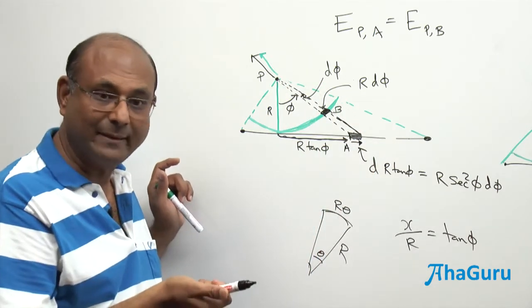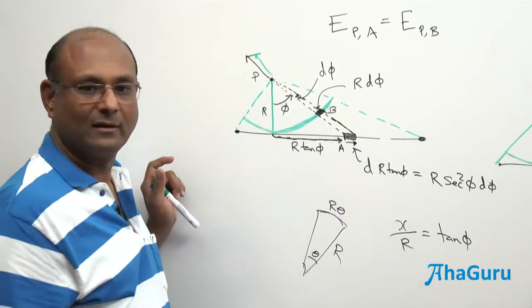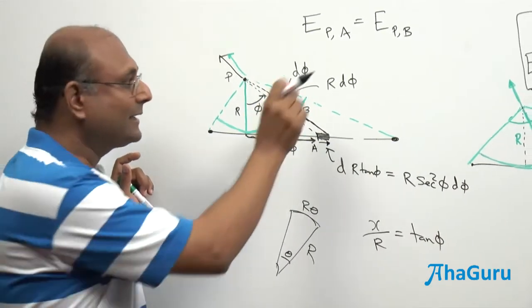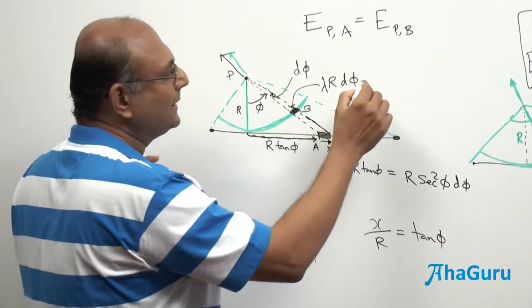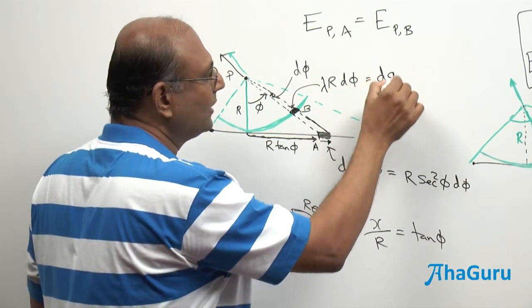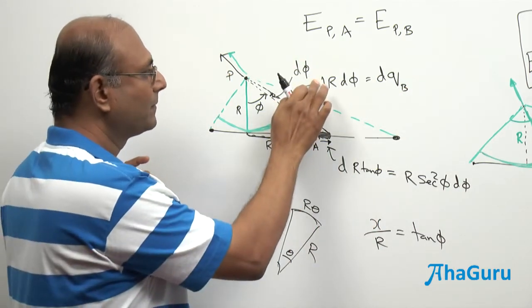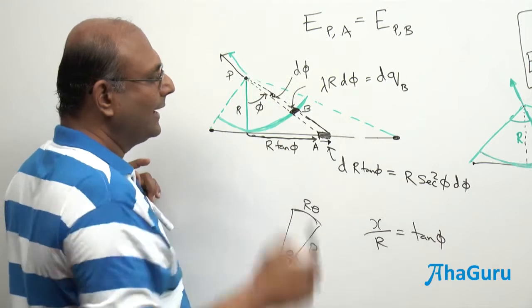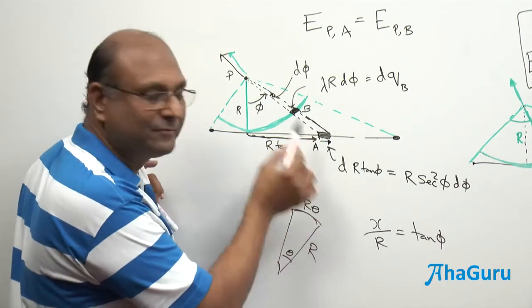The lambda is the same for this and for that. So the charge here, how much would the charge be? Lambda times this. So let me put that here and say that lambda times this is dqb. And what about the charge here? Lambda times this differential element.